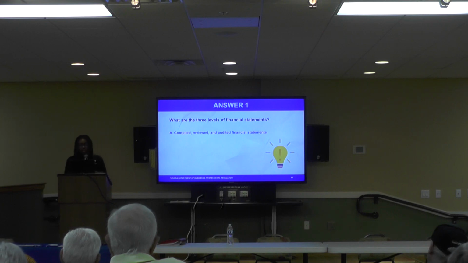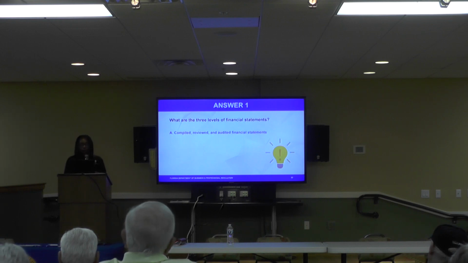Audited statements have revenue equal to or greater than $500,000, has an accrual method of accounting, and must be completed also by a Florida licensed CPA. So remember, the reviewed and audited statements must be completed by a Florida licensed CPA. That is so important.